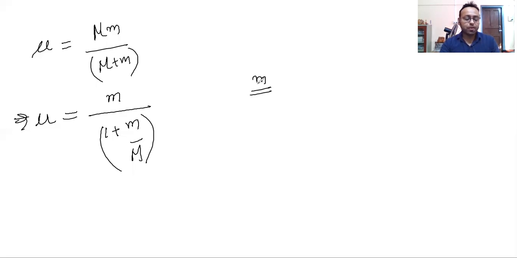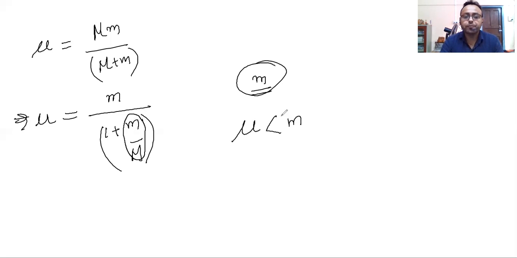No matter you go to energy value or Rydberg R infinity value or the angular momentum postulate of Bohr, everywhere your mass is small m. The small m is the mass of the electron. Now you just check here, your small m is divided by something which is 1 plus m by M. Now this m by M, I know its value will be very small, but no matter, it's still 1 plus. That means the denominator is more than 1. That means what? Your mu will always be less than m.